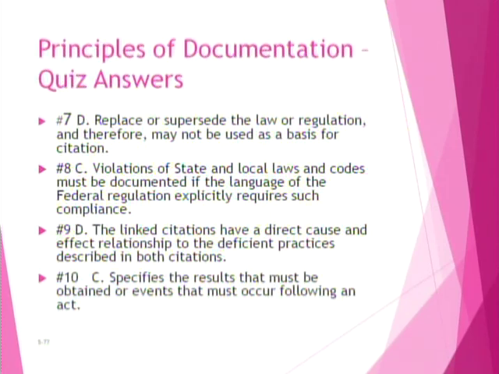Question 10. The correct response is C. Specifies the results that must be obtained or events that must occur following an act. All right, if you missed any of these, go back to that principle and make sure that you have an understanding of what was asked in that question.